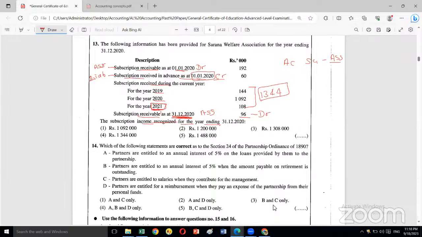This is the 2021 subscription. That means this 2021 subscription, this 108,000, I received as what? Advance. Subscription received in advance is an example for what? Liability. So liability closing balance, we should record it under which side?